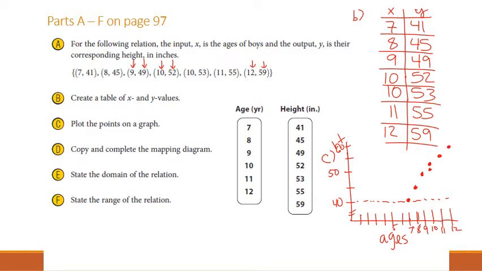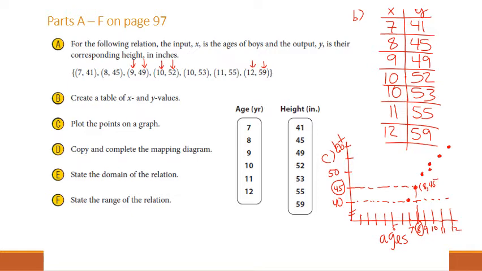So that's how I can represent the same data, the same relation, using a graph. You are basically plotting the ordered pairs, and where those points are, like right here is 8, 45. It tells you for 8 years of age, that kid has a height of 45.